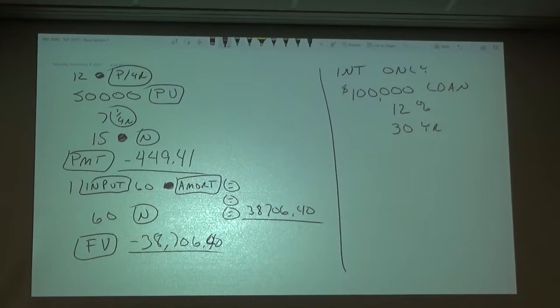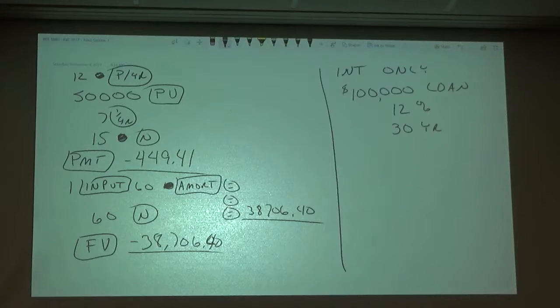Now, what is going to be my payment in, let's say, month 10? It's going to be the same as month 1 because it doesn't change. It's interest only. Your annual payment would be $12,000, but your monthly payment would be $1,000.